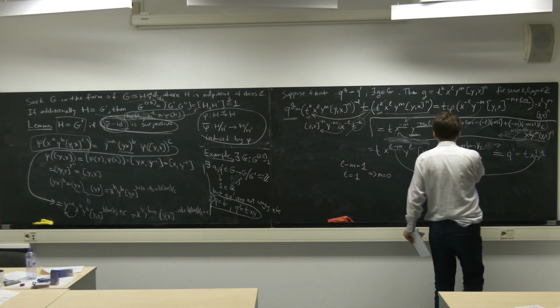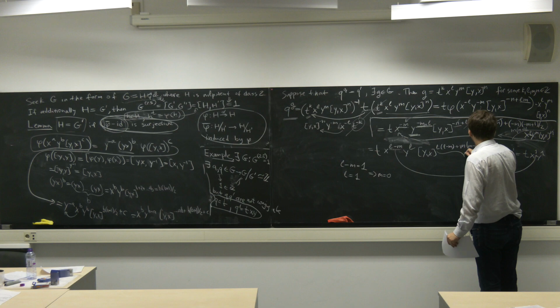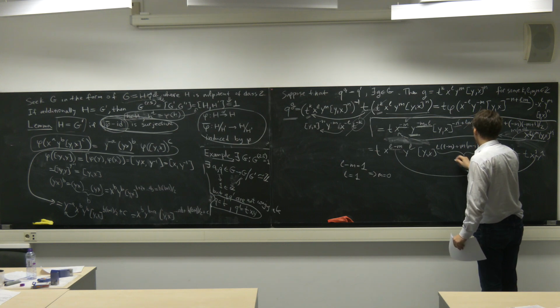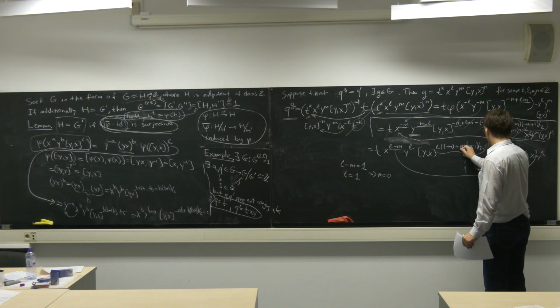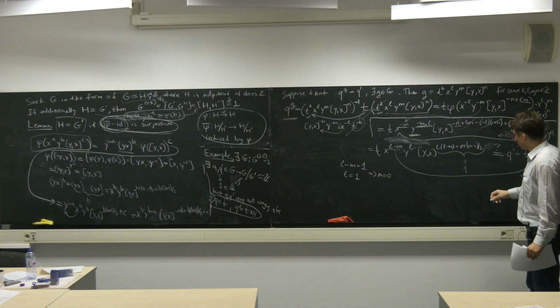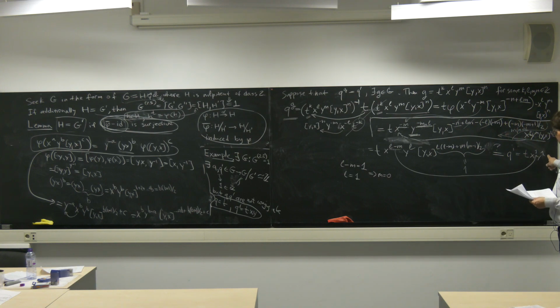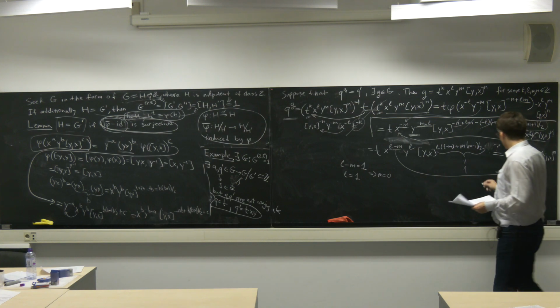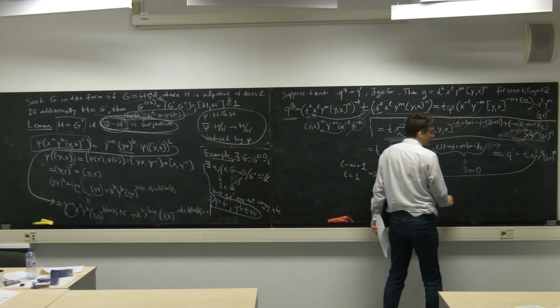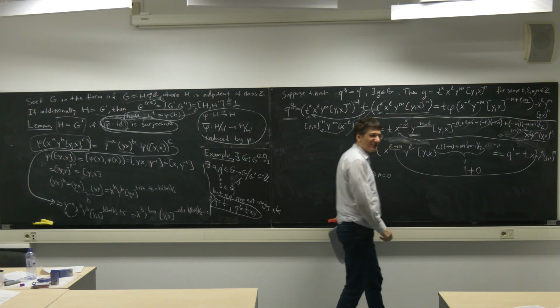So then this stuff equals 1 times 1 plus 0, this is m is 0, so this is 1. But here we don't have the commutator. So this commutator yx has 0 power here, so this one must equal 0, and this is a contradiction.